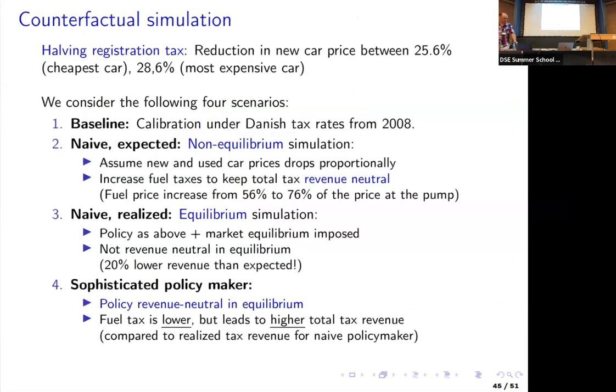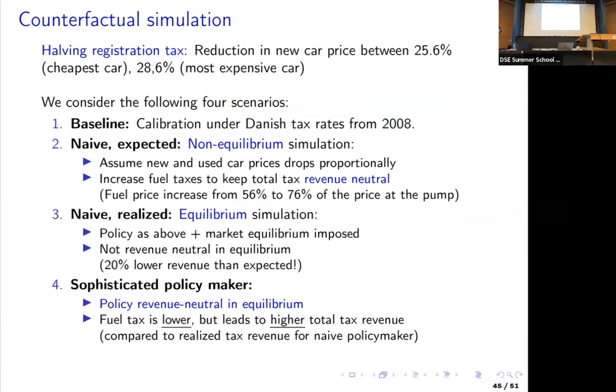Okay, so just a few minutes on the counterfactual. The idea is that we have the baseline, where the model is estimated, and imagine that this reform of changing taxes is done in the naive way. What's the naive way? We change taxes for the new cars, and we change taxes on the fuel for all the cars.